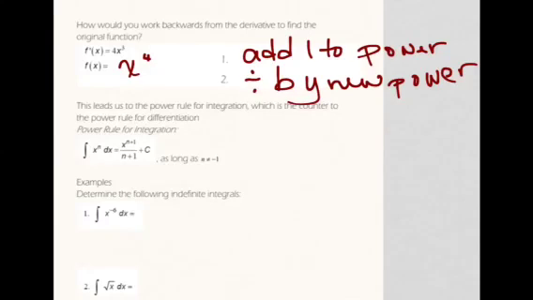That leads us to the power rule for integration, which is the counter to the power rule for differentiation, or finding the derivative. So if I am asking you to find the antiderivative of x to the nth power, the process is you add 1 to the power and then divide by that new power. Oh yeah, and don't forget to add this plus c.